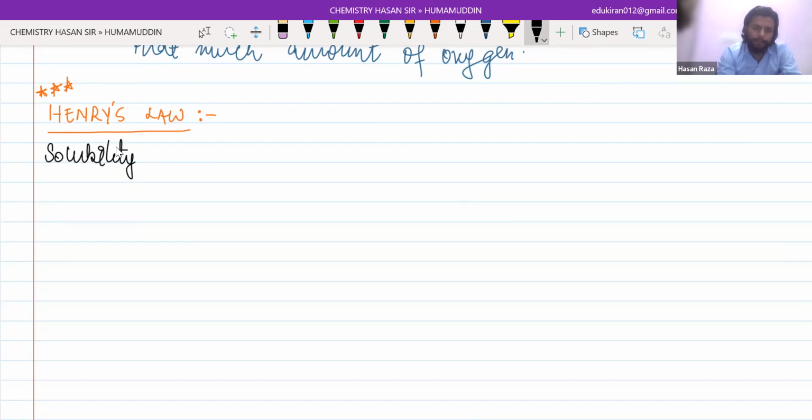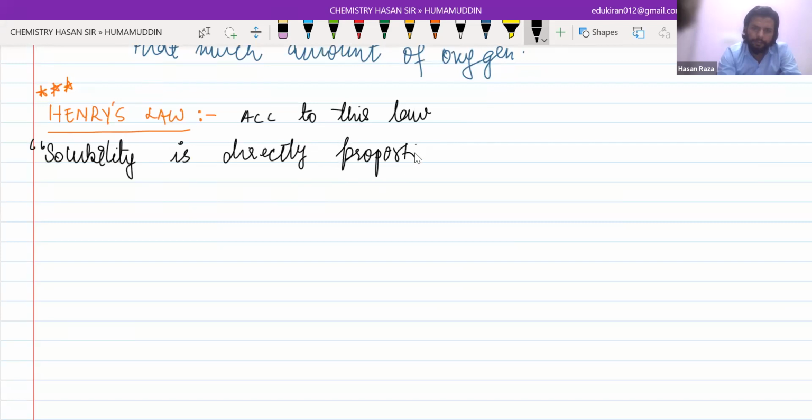Solubility. According to this law, please do write here. According to this law, solubility of gas is directly proportional to the partial pressure.